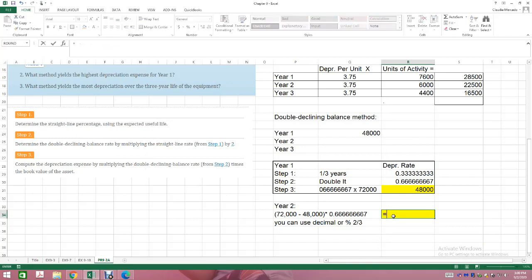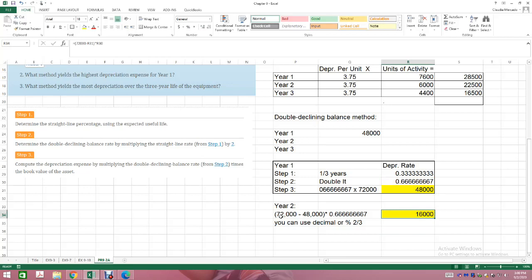So it'll be equals 72,000 minus my depreciation from the first year, which is that 48,000, times the double rate. There we go, and it gives me $16,000. So my depreciation for the second year is $16,000.